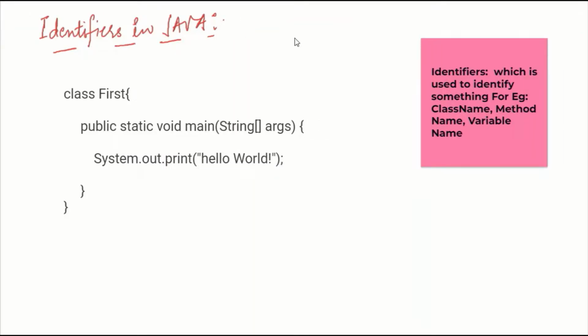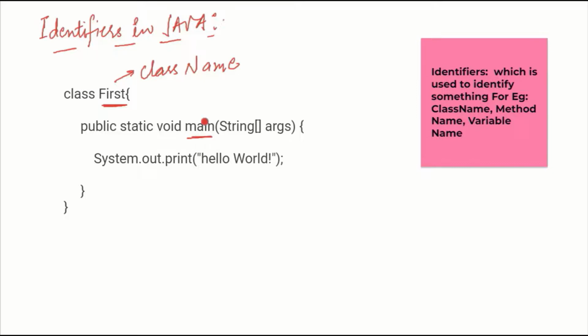So moving to the next one, that is identifier. What do you mean by identifier? As the name suggests, an identifier identifies something. Whatever the class name, any variable name or any method name which identifies something is known as an identifier. So in this example, let's check what the various identifiers are. First, this is an identifier because this is our class name.